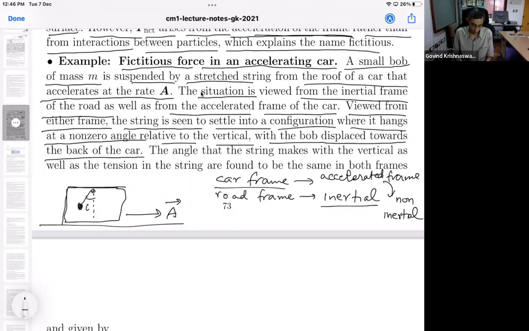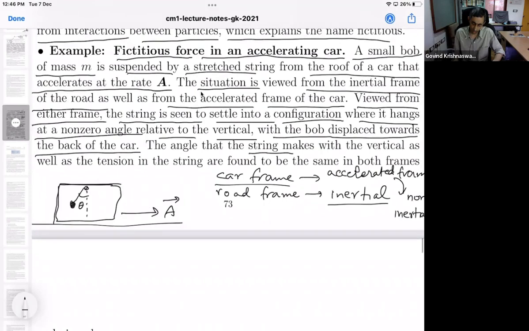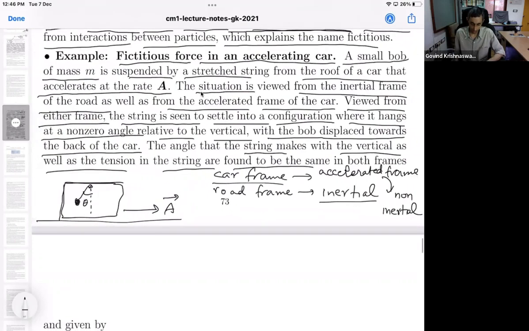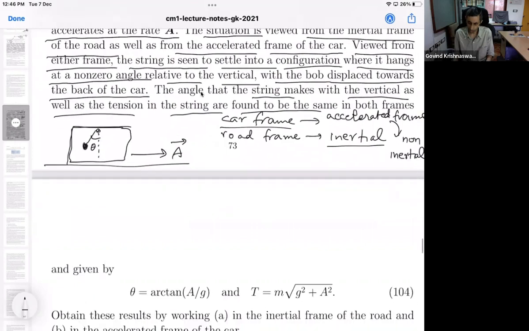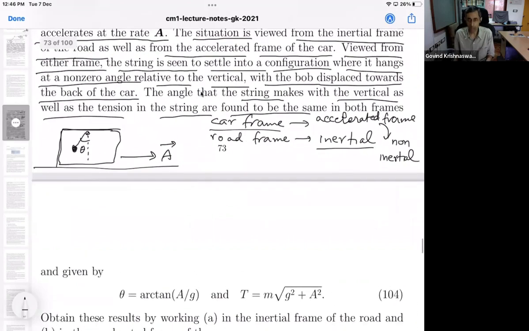It is seen to be displaced from the vertical and hang sort of backwards. And the angle that the string makes with the vertical as well as the tension in the string are found to be the same in both frames. So this is what a pair of experimenters tell you, and we are just going to analyze the situation briefly.